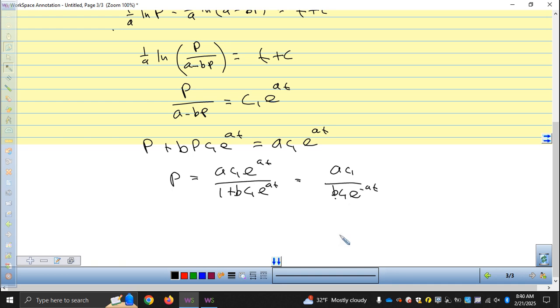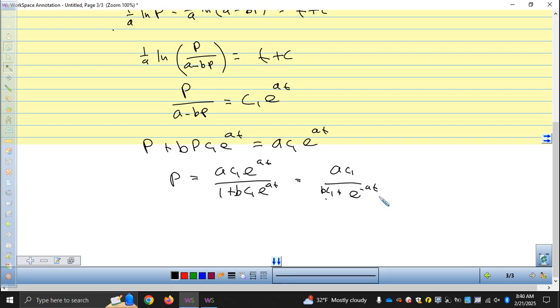So there's our population. Whoops, this should be B C1 plus, not multiplied.